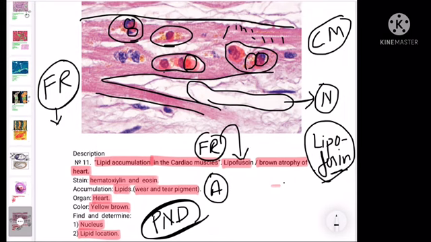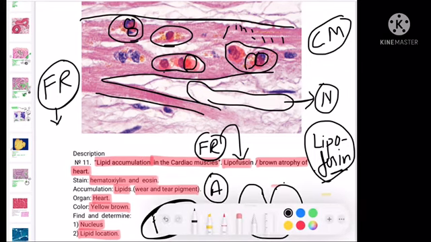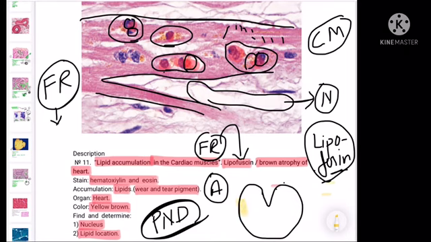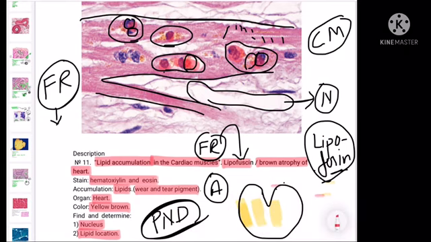And if you try to see it on the gross image of the heart, for example, this is the heart, and if I try to mark normal and abnormal, this is deposition of lipid, normal, deposition of lipid, normal. Normal will be slightly reddish because of the cardiac muscle, and the lipid one will be yellow in color.